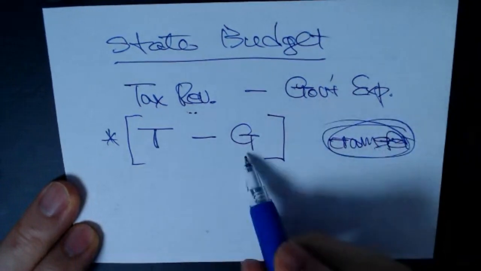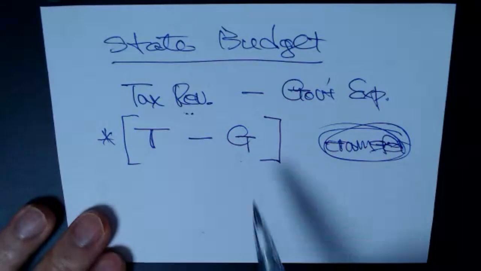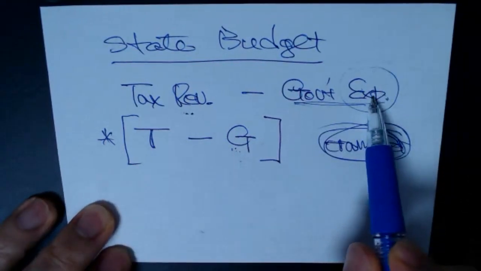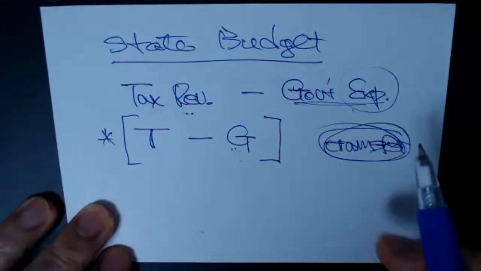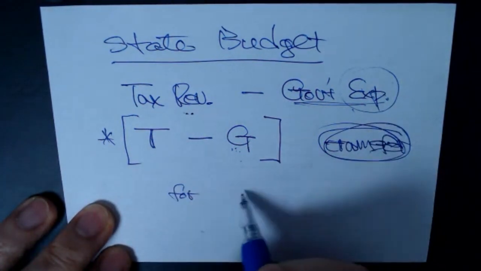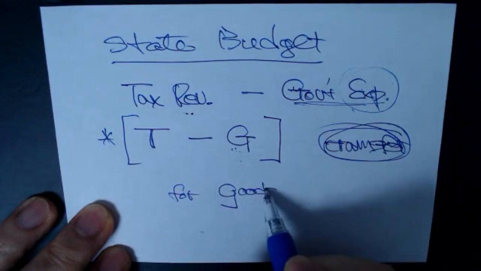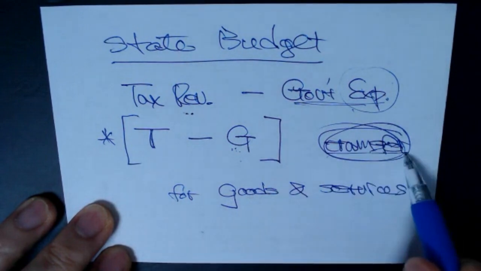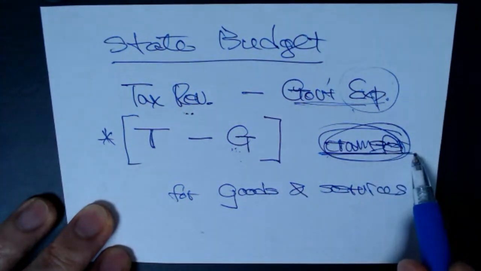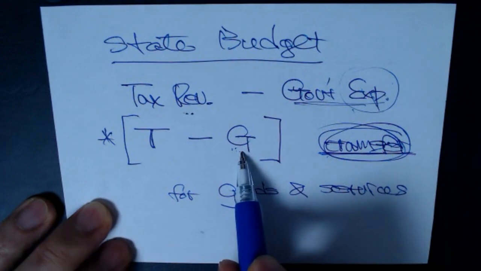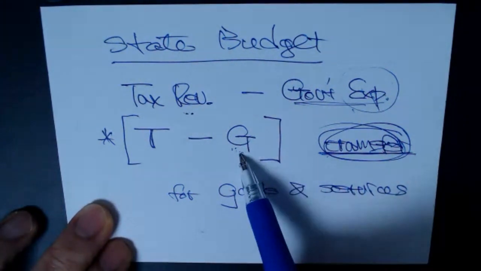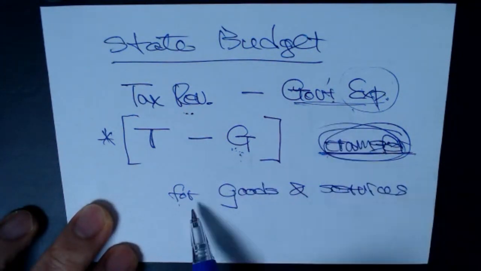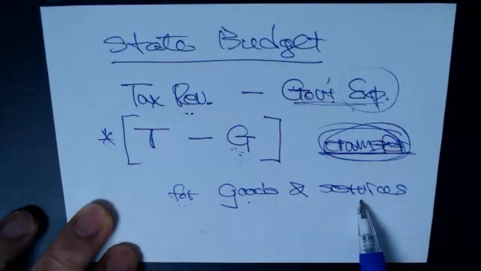We know that transfers come from the government. But when we use G to represent government expenditure, expenditure for what? You say expenditure for goods and services. So simple transfers don't belong to government spending. Government spending exclusively means expenditure for goods and services, right?